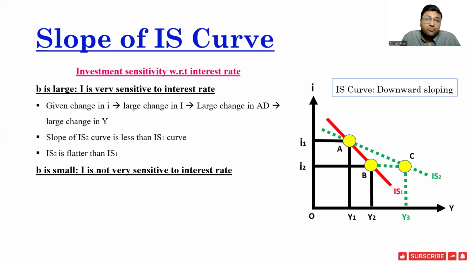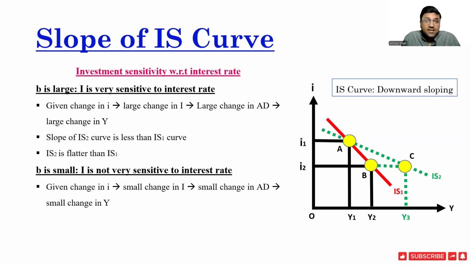On the other hand, if B is small, that means investment is not very sensitive to the interest rate. So in this case, the given change in I leads to a small change in investment. That leads to a small change in aggregate demand, and therefore at the end we have a small change in Y. So suppose IS2 is our original IS curve. Now this decrease in interest rate leads to a small change in Y, that is from Y1 to Y2 instead of Y1 to Y3.